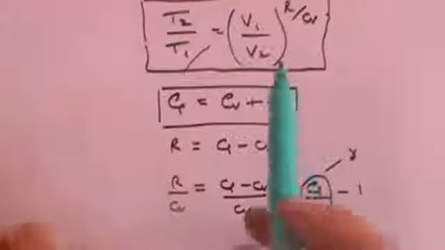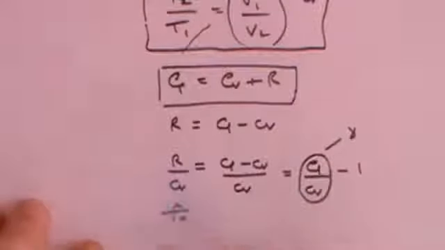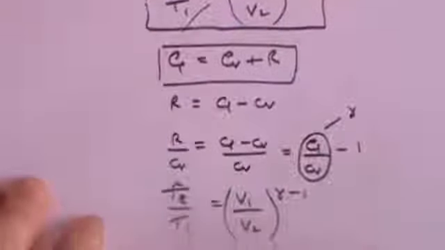So we can rewrite this formula here as T2 over T1 equals V1 over V2 to the power gamma minus 1.